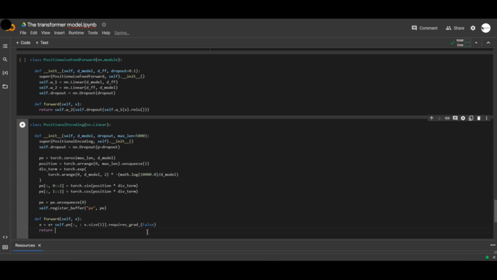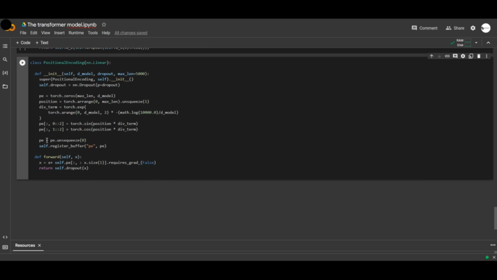And we return self.dropout of x. So yeah, I think I have everything in place. Okay, cool. So that's how the positional encoding is coded.